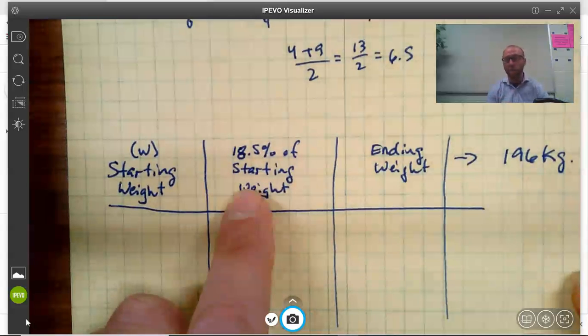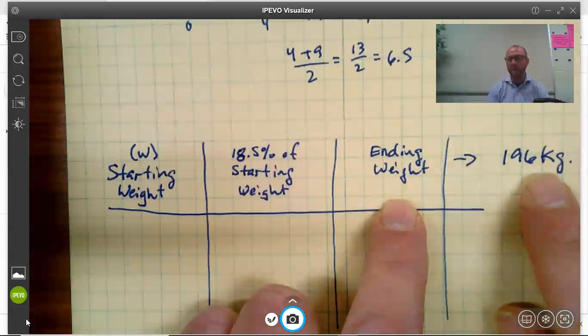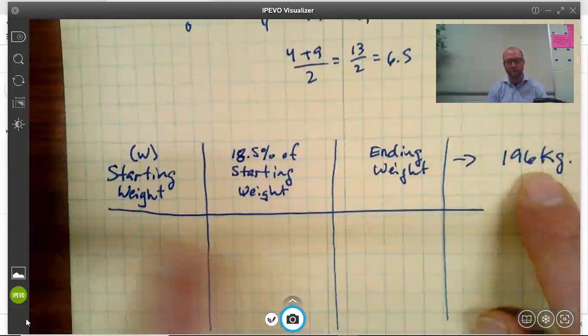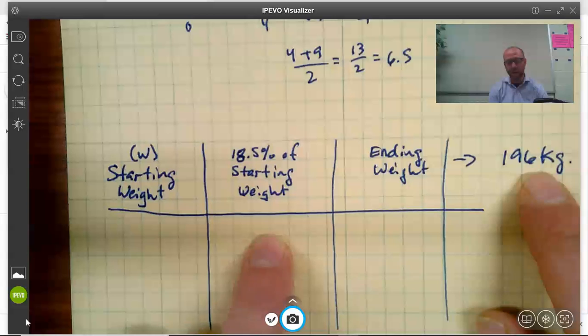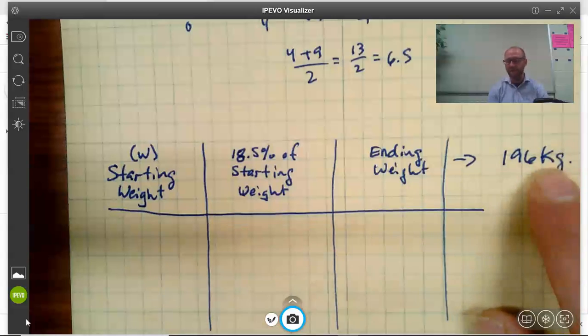We lose 18.5%, and then we have an ending weight that we want to be 196 kilograms. So if we want to end up with 196 kilograms, what do we have to start with so that after we lose that weight, we'll end up with 196?